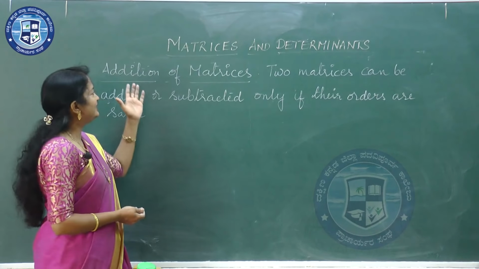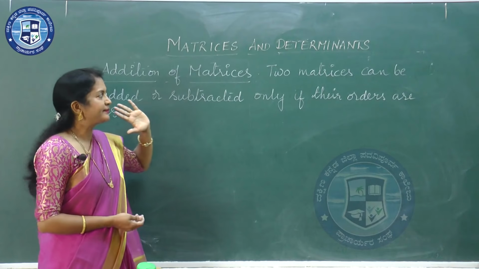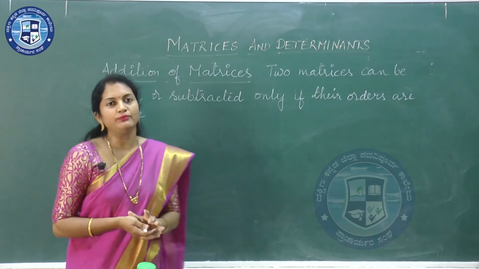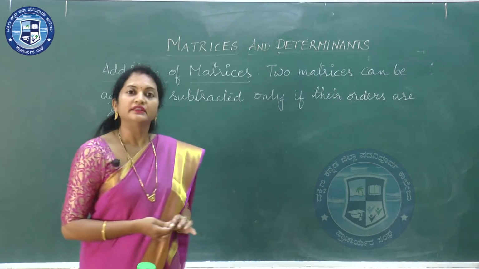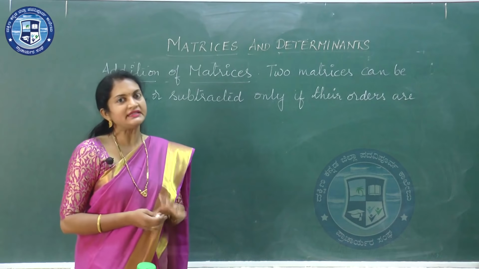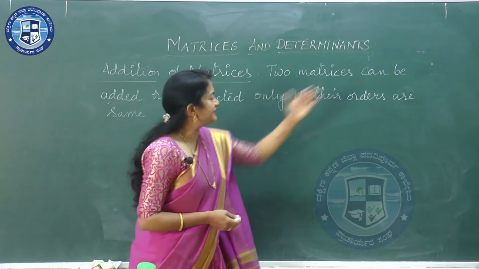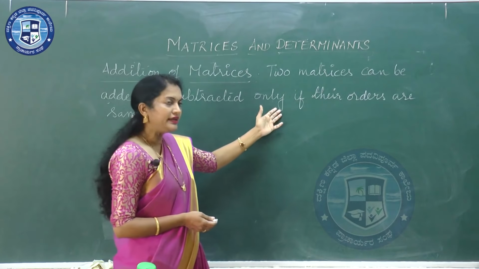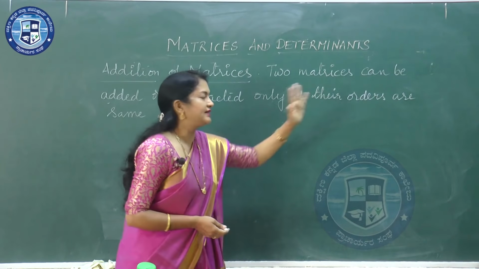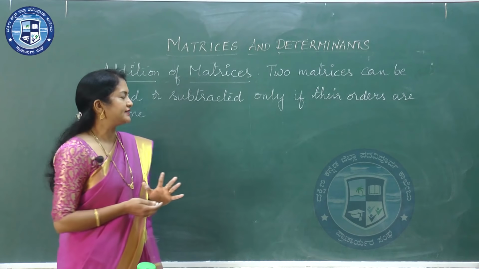Now we will see the addition of matrices. To add two matrices, a condition must be satisfied: the order of the matrices must be the same. Two matrices can be added or subtracted only if their orders are the same. If the orders are different, we cannot add or subtract the matrices.